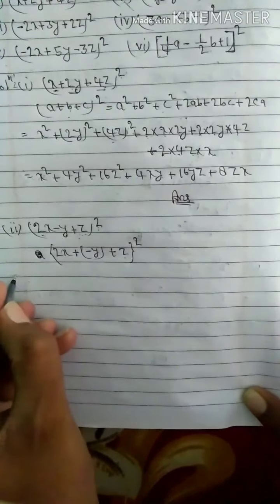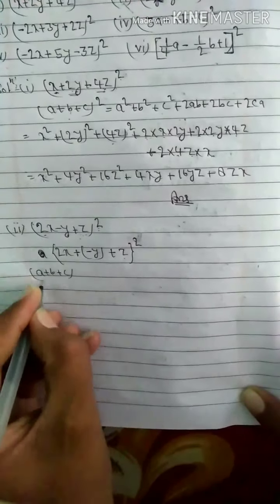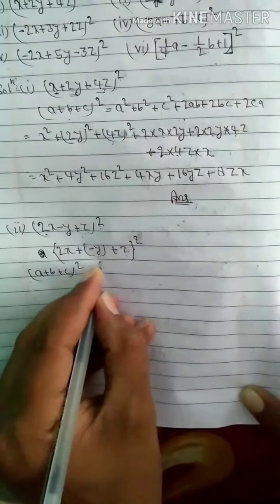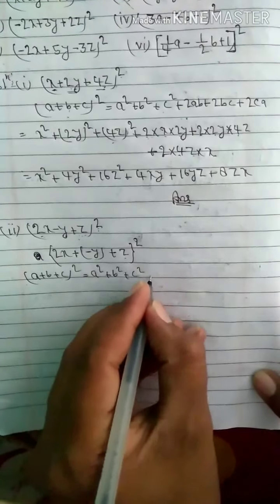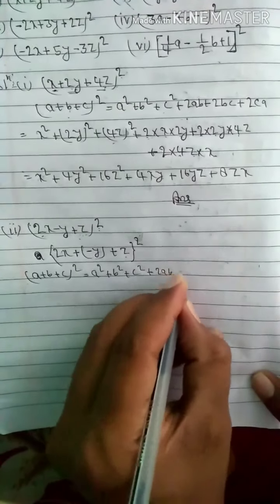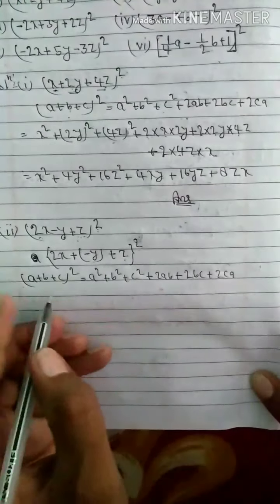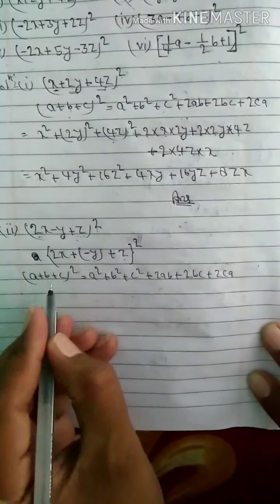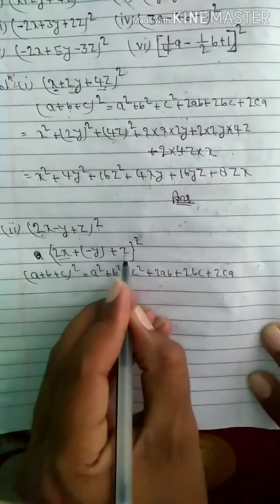And now expand it using the formula (a + b + c) whole square equal to a² + b² + c² + 2ab + 2bc + 2ca. So now comparing this, a equal to 2x, b equal to −y and c equal to z.